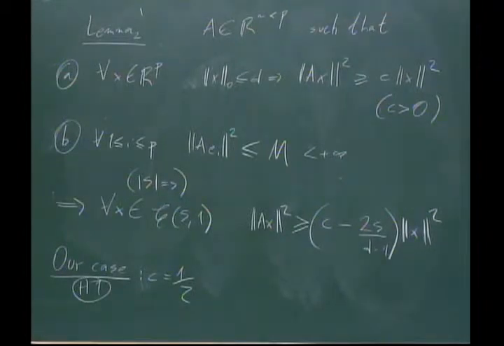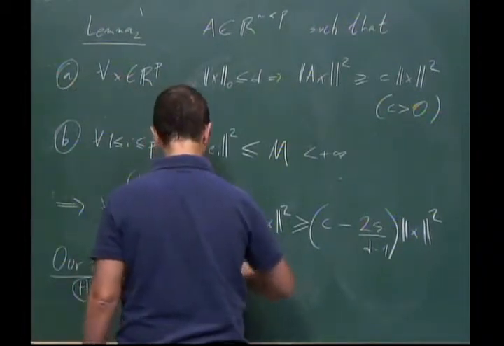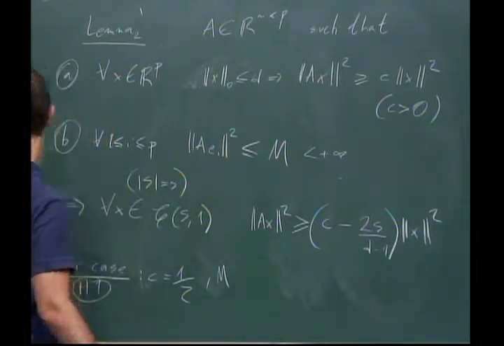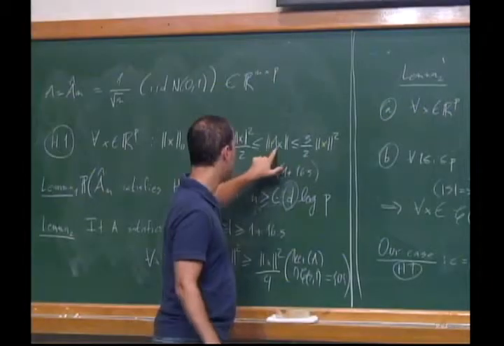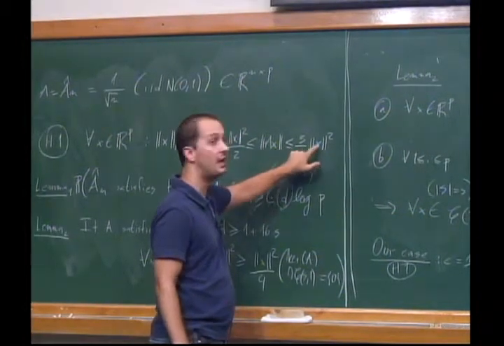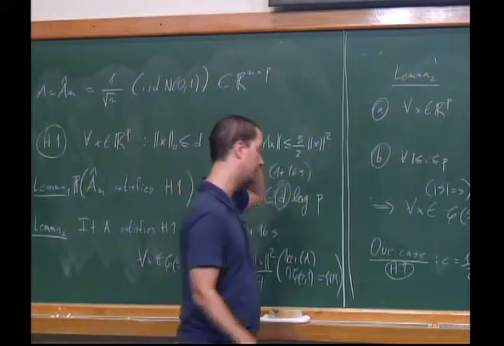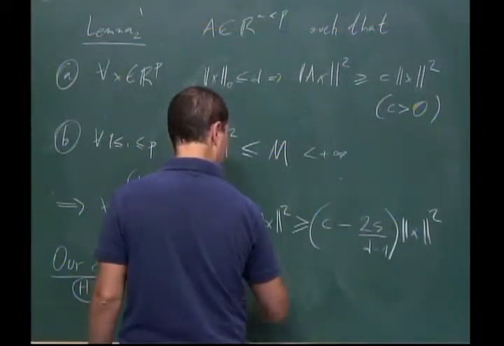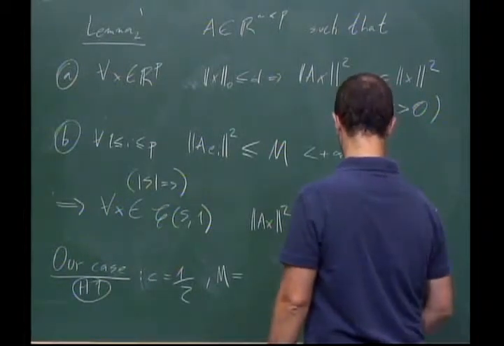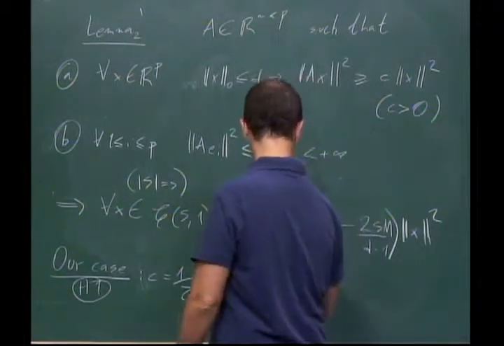And then, on the other hand, how large can this be? Well, take a canonical basis vector e_i. The norm of A times e_i is going to be less than 3/2 times the norm of e_i, which is 1. So you can take M to be equal to, oh, sorry, there's an M here. And, yeah, 3/2.